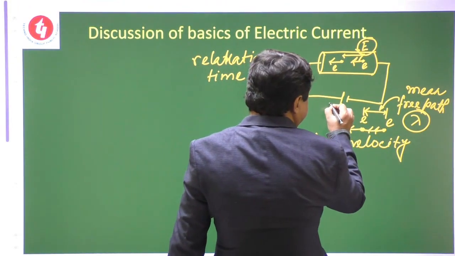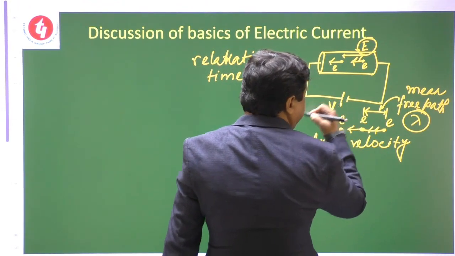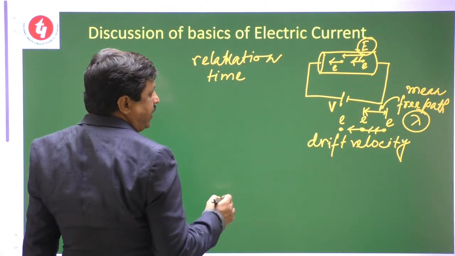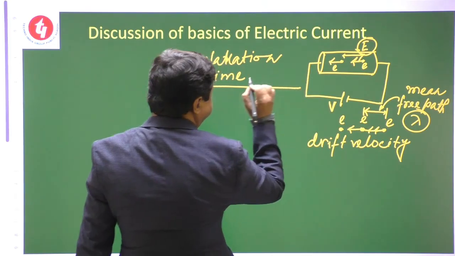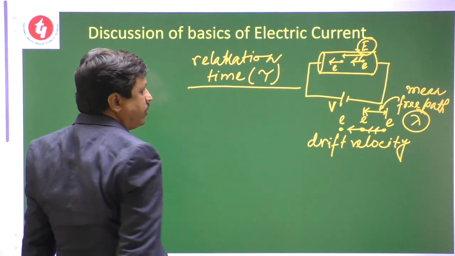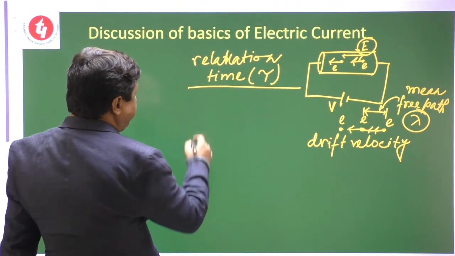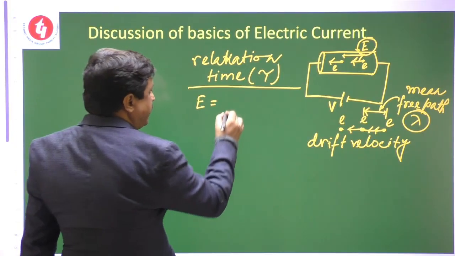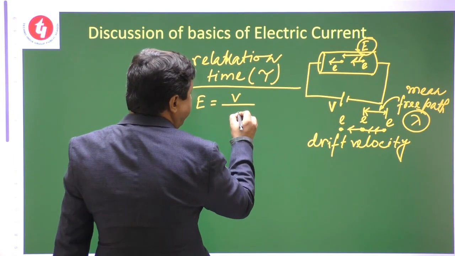If the potential difference of this battery is V, and the relaxation time is denoted by tau, the electric field generated in the conducting wire is obviously E equals V by L, where L is the length of the wire.